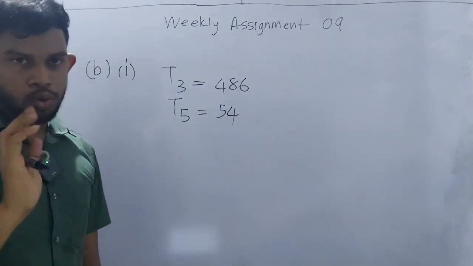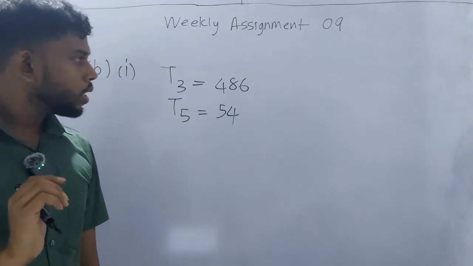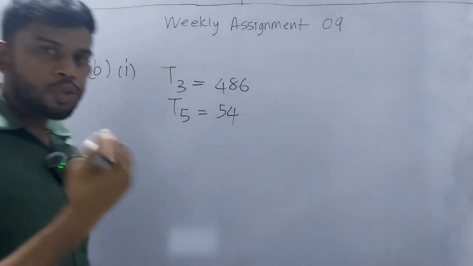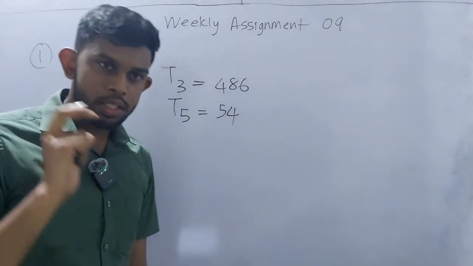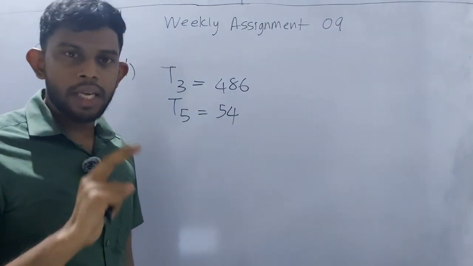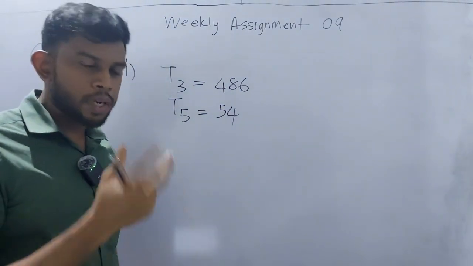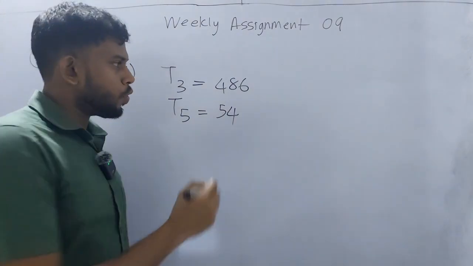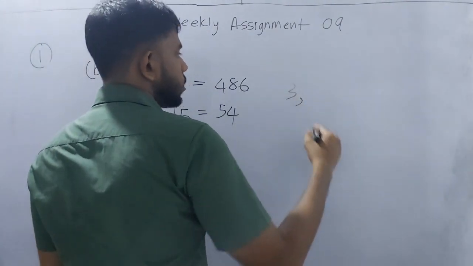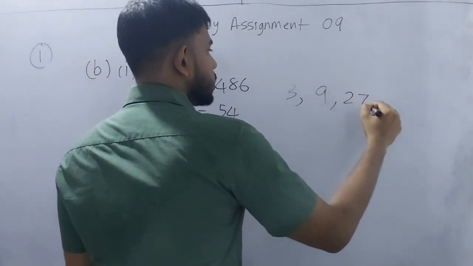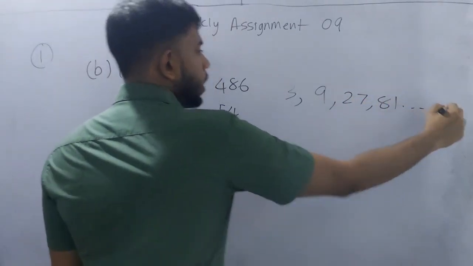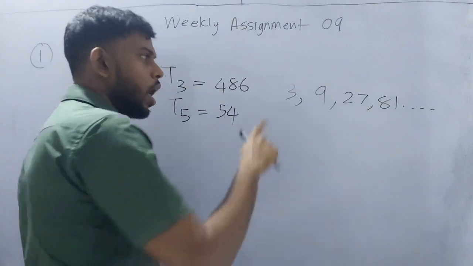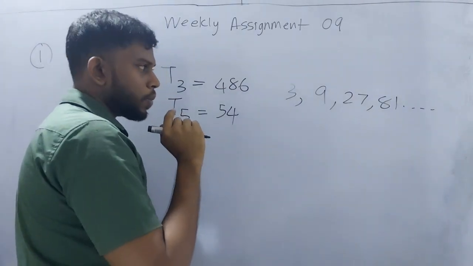In geometric progressions, you know the special property is they have a common ratio between two consecutive terms. For example, 3, 9, 27, 81, in this example this is a geometric progression. How do you ensure that it is a geometric progression?